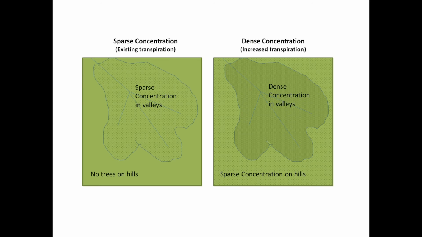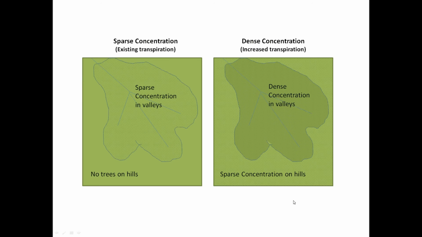So I tried to create a conceptual model to show this, and the one on the left is of the existing conditions, where there is a sparse concentration of trees near the stream beds in the valleys and no trees on the hills.